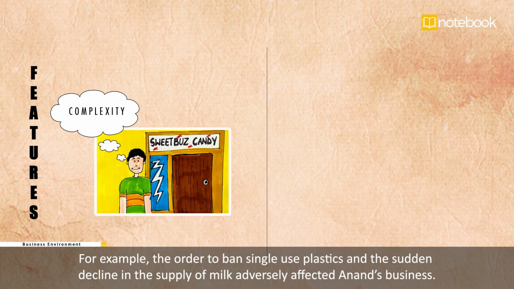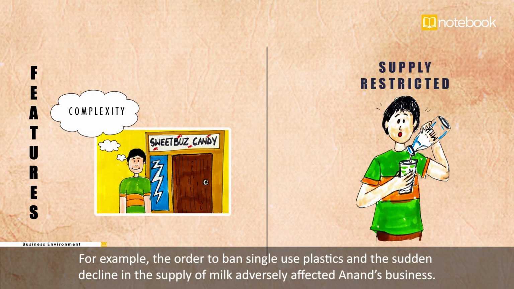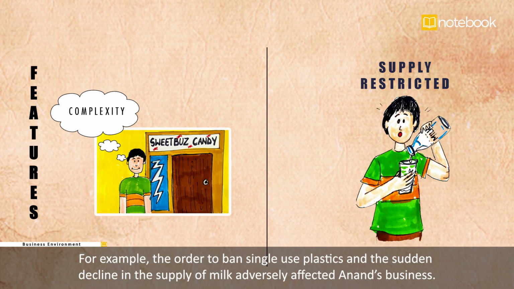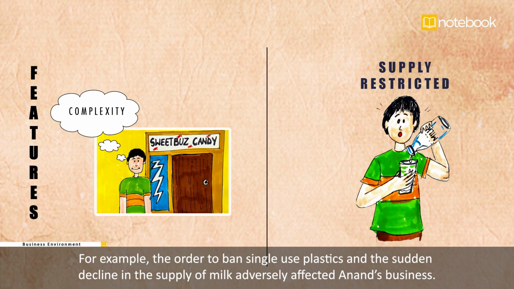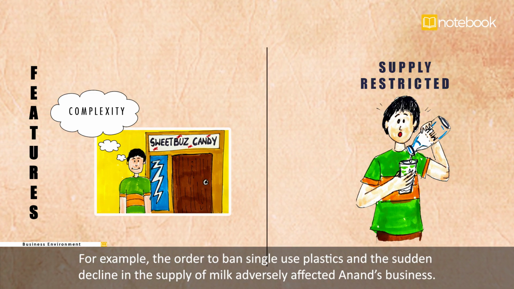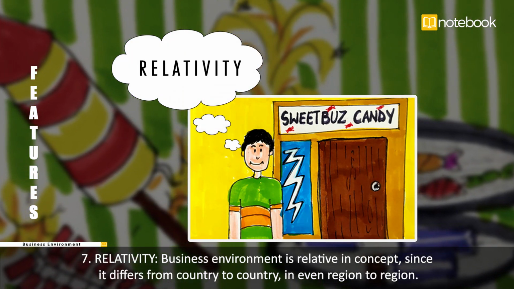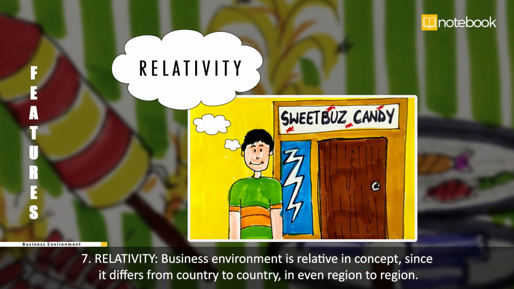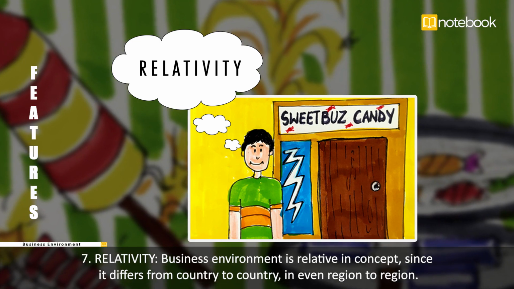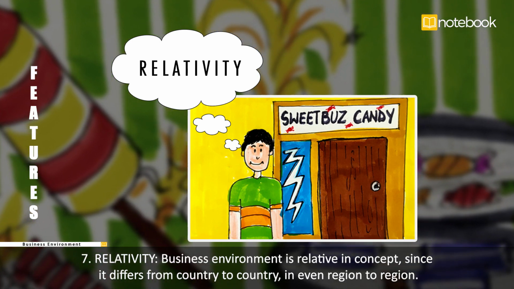For example, the order to ban single-use plastics and the sudden decline in the supply of milk adversely affected Anand's business.